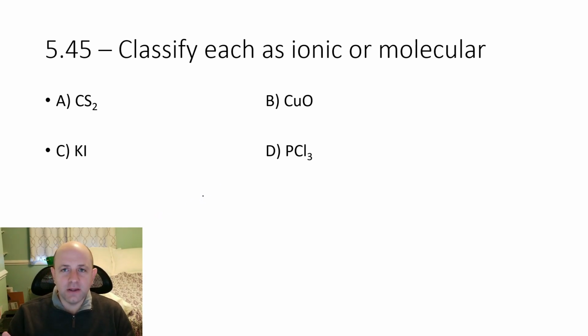The key thing for identifying the type of a molecule is to look at the first thing in the formula, because we have three main possibilities. If the first thing in the formula is a metal, then right away we can say that's an ionic compound. We know that metal means ionic.